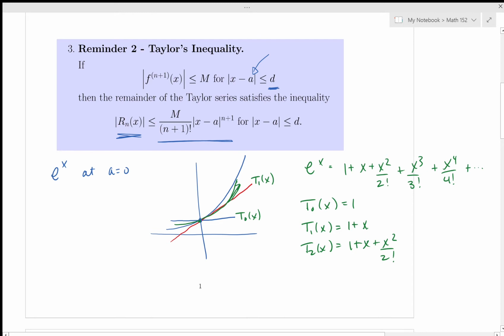Okay, so this is the constant, and that is what I would do if I wanted to use my approximation to e to the x near 0, because you can see that it is most accurate around 0.